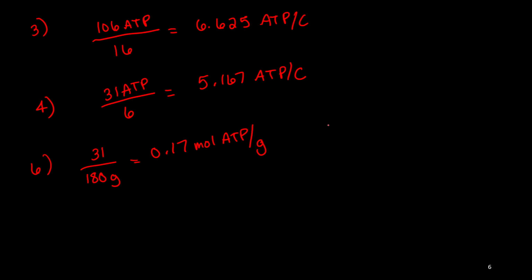And for fatty acids, you're getting 106 ATP. For palmitic acid, that's 256 grams per mole. So you are getting 0.14 moles of ATP per gram.